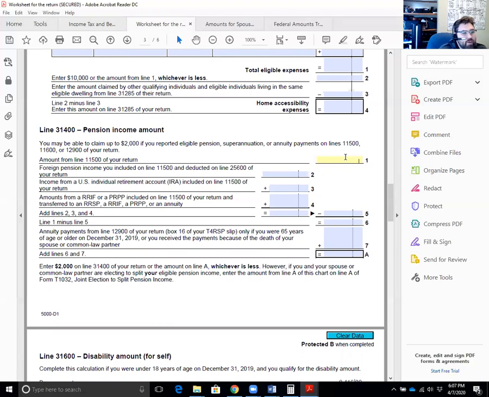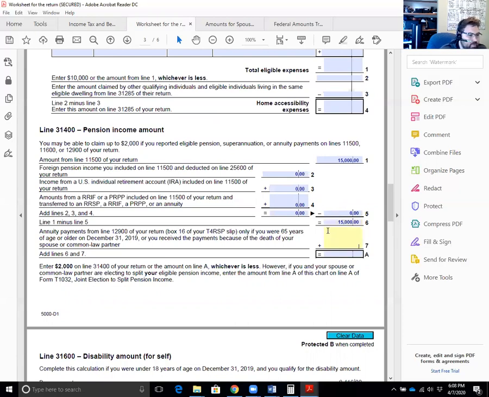So amount from line 11,500, well, we had 15,000. And then foreign pension income, we didn't have that. There's none of that in the question. Income from a U.S. individual retirement account, nothing. Amounts from a RIF, PRPP, no, not in the question. Add lines 2, 3, and 4, 0. Carry the 0 over, 0. Line 1 minus line 5, 15,000.